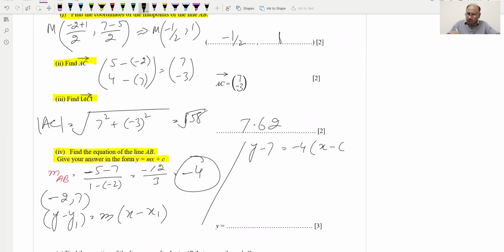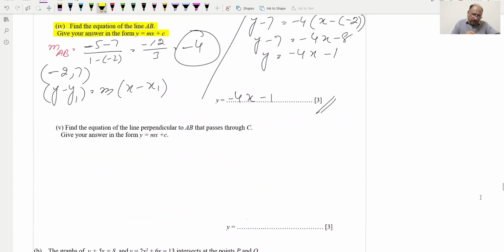So y minus 7 is equal to minus 4x, and this will be plus 2 into minus 4, which is minus 8. We can rewrite y is equal to minus 4x minus 1, because minus 7 will be going to the other side. This will be the final answer, minus 4x minus 1. This is done for 3 marks.